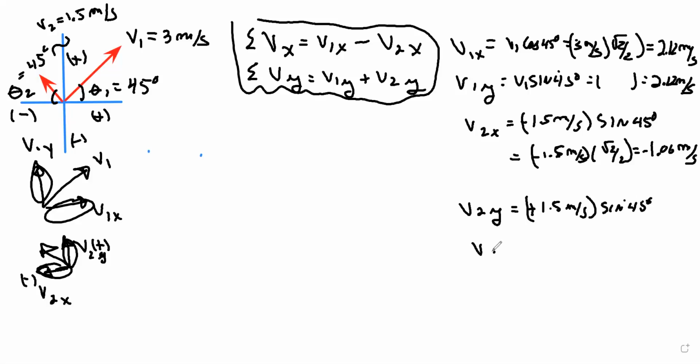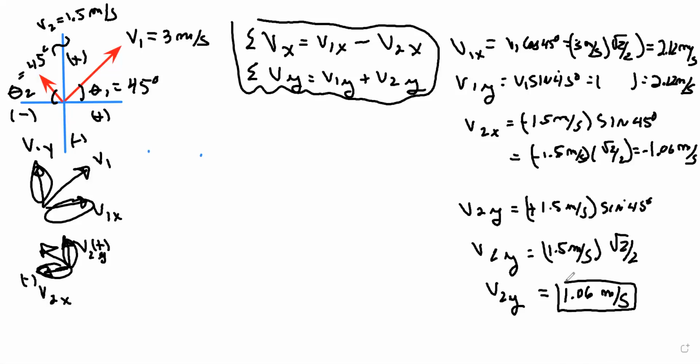So v2 in the y direction is going to be 1.5 meters per second times square root of 2 over 2. And that's going to give you v2 in the y direction is going to be 1.06 meters per second.